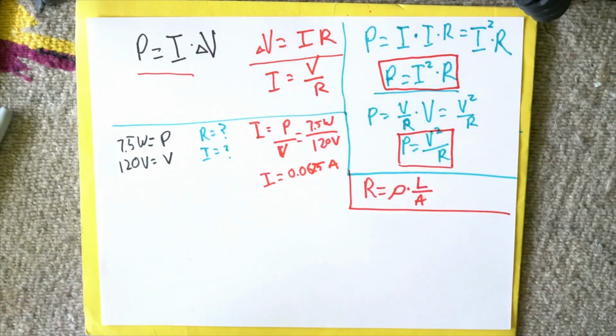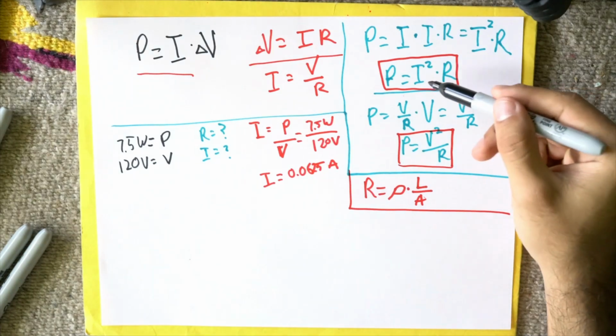Let's go to my resistance. It is not as straightforward, but thankfully we have these equations right here, which again we do not have to memorize, but you can write it down. I have resistance, I have current, and I have power.